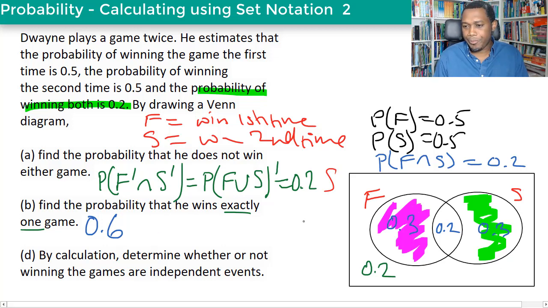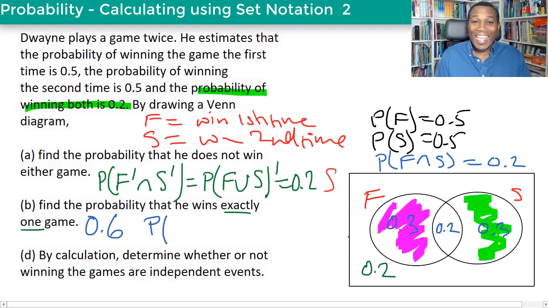It goes like this. This first region in fluorescent pink, yes it is, fluorescent pink. So we're going to use probability set notation. And it's going to be the probability, look carefully at what I'm saying here.